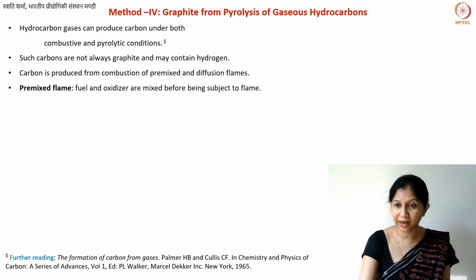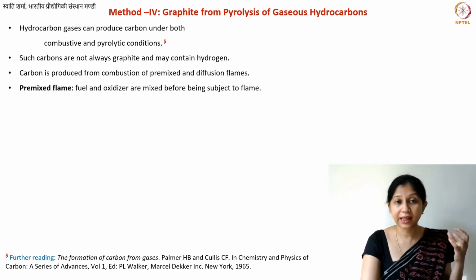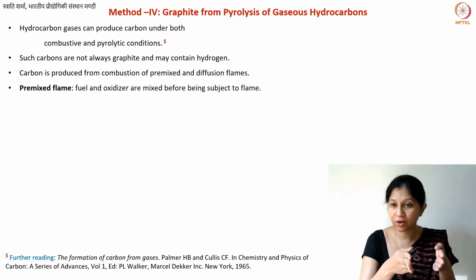Again, in case you don't know, what is a premixed flame? Where you have a fuel, let's say any petroleum product or any gas which is flammable, and one oxidizer, so it contains oxygen, let's say air, and they are mixed before being subjected to a flame.